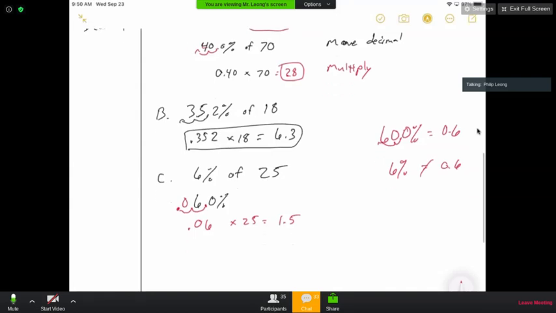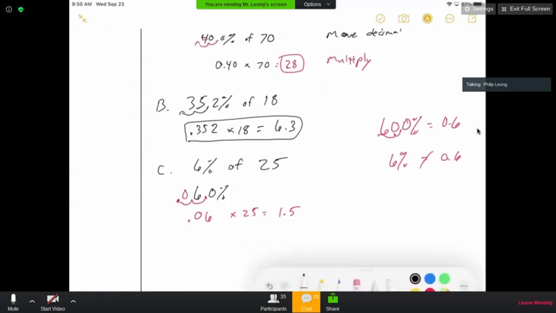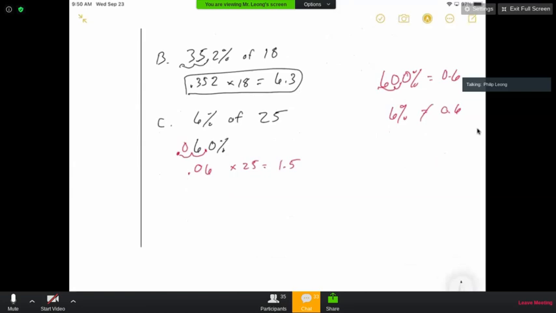Okay, what about percentages that are greater than 100? Those actually aren't too bad either. Go ahead and write this down.